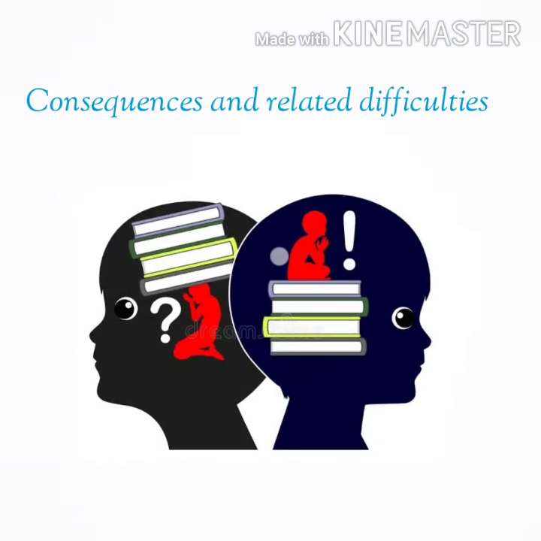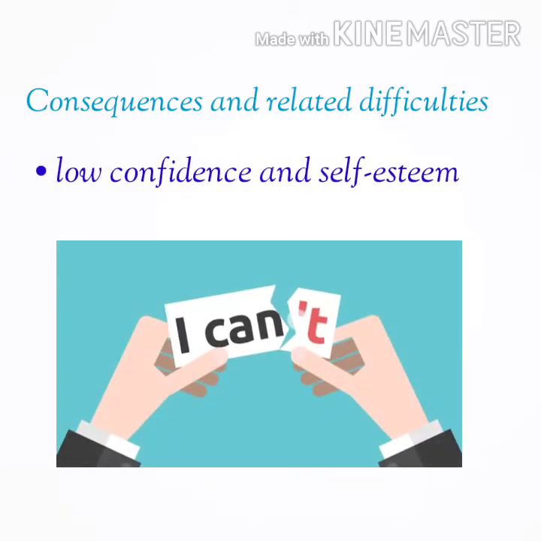Let's go down to consequences and related difficulties. Students with learning difficulties sometimes have other difficulties that may be related to their learning difficulties. Some of the frequently occurring difficulties are low confidence and self-esteem. Students with learning difficulties often have little confidence and may have a very poor opinion of themselves and their abilities.